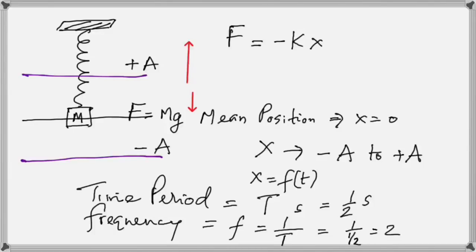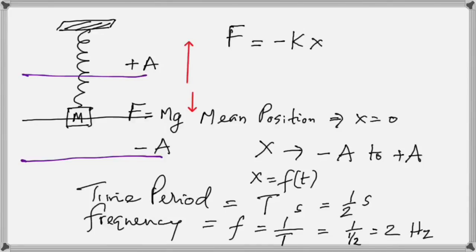Second raised to minus 1 is also called Hertz, after the German scientist Heinrich Hertz, who first created electromagnetic waves in the lab, because of which radio and television communication is possible. So we honor him. Hertz is the unit of frequency, and 1 Hertz means second raised to minus 1. Is that clear? Understood all the definitions?